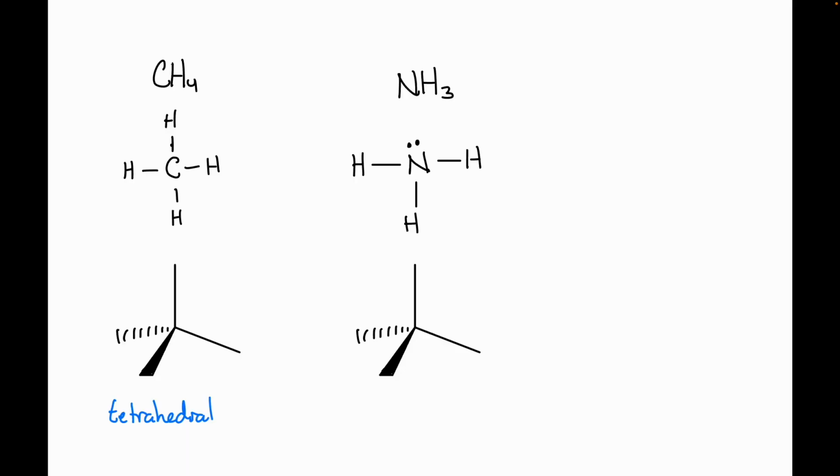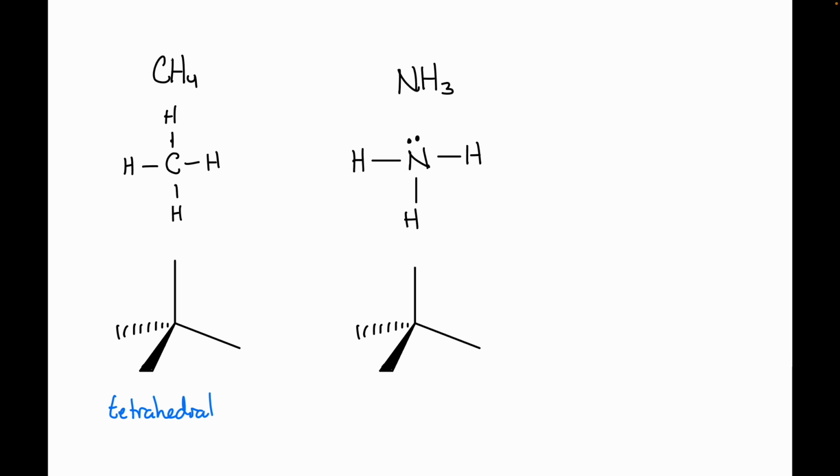I'm going to start with my electron geometry, my tetrahedral, and get rid of one of those bonds. Boom. There is my molecular geometry of ammonia. We have this invisible lone pair here, but again, we can't see that. We're talking about the molecular geometry. So this is our trigonal pyramidal.